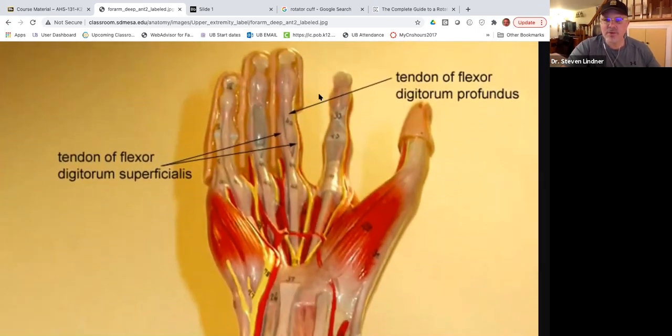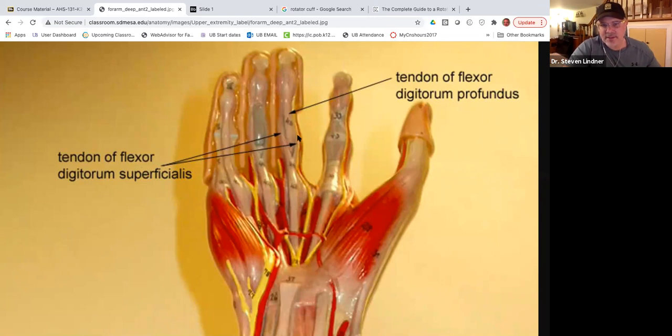And now when you look at the fingers, we can see where they insert. Here are the tendons of the flexor digitorum superficialis. They go to digits 2, 3, 4, and 5. But what I want you to notice is that the tendons come down and they make a split. There's like a fork in the road. One goes to the medial side, one goes to the lateral side.